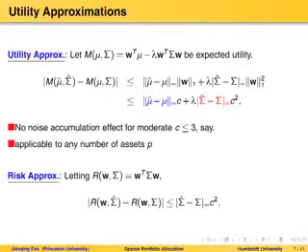So now, if I apply this to the risk rather than utility, which is what I'm going to focus on from now on, because I don't want to deal with estimating the expected returns. It's just an order of magnitude harder, and I don't want that to confound the problem I'm studying.